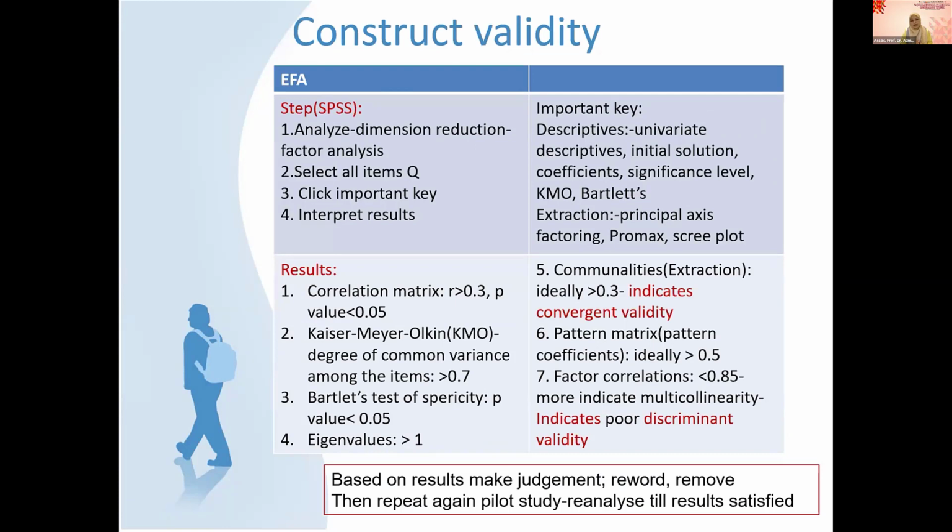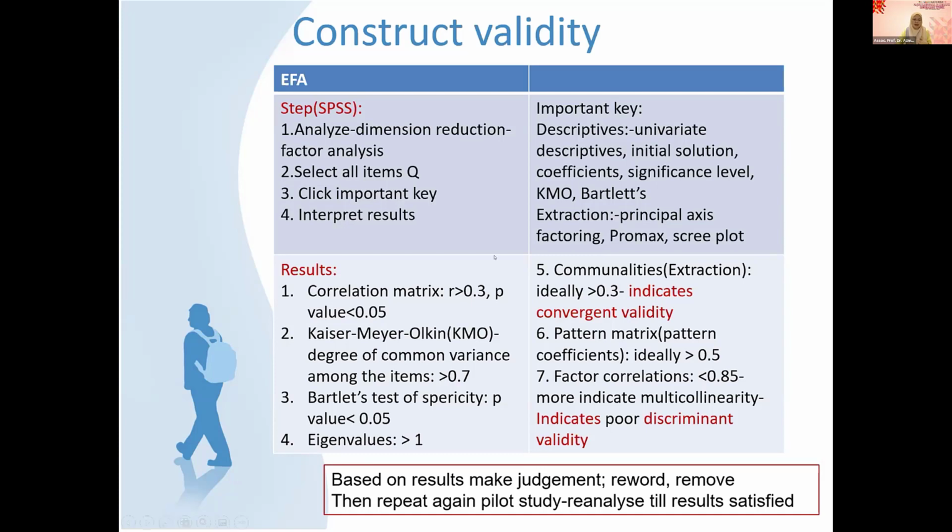These are the steps for EFA, which I summarize: you analyze, go for factor analysis, select the items, and then interpret the findings. Of course, the key when you do EFA is to click descriptive for KMO, which is supposed to be more than 0.6.